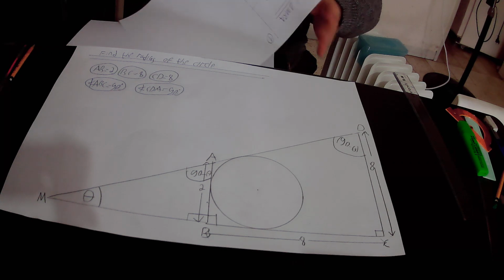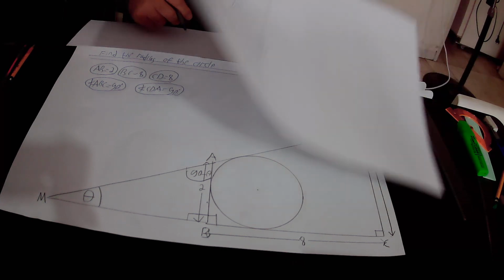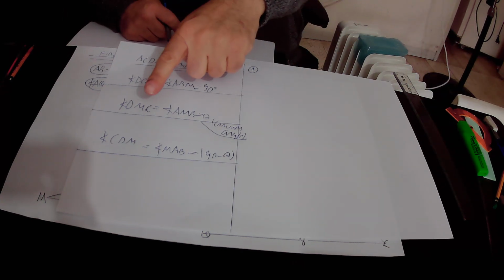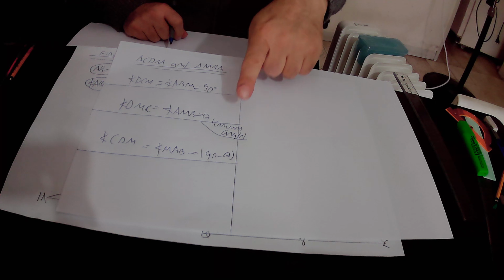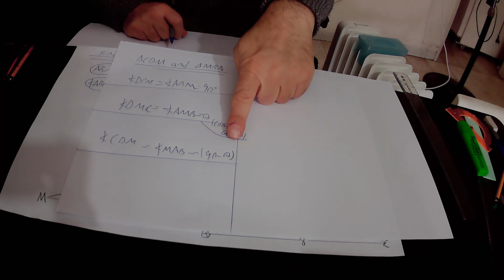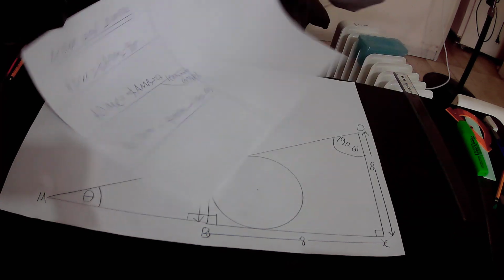Okay, so repeat again. Angle CDM in the right big triangle CDM equals angle MAB in the right small triangle MBA. They are both equal to 90 degrees minus theta, therefore they are equal to each other.